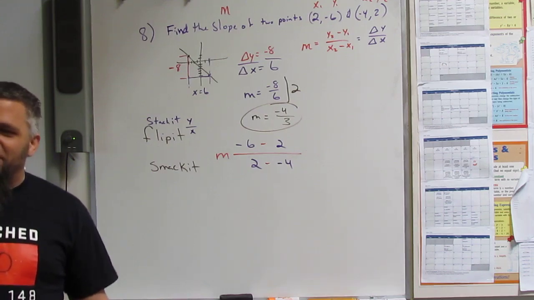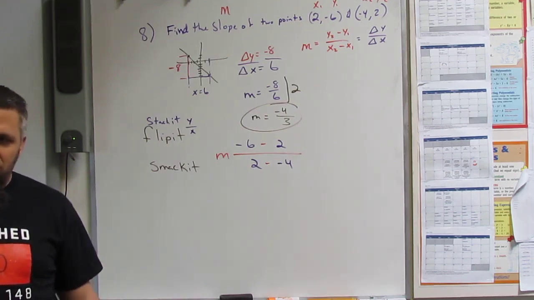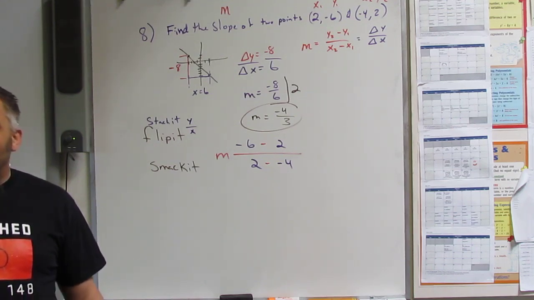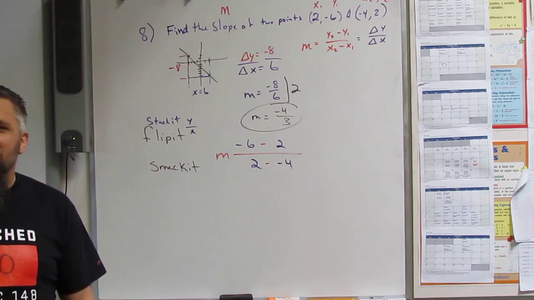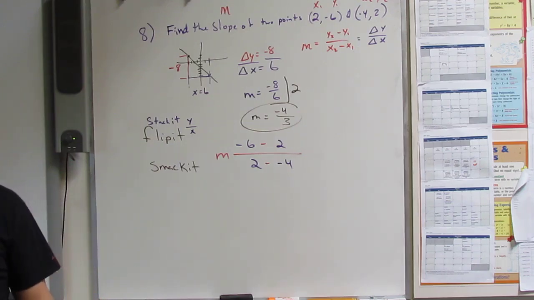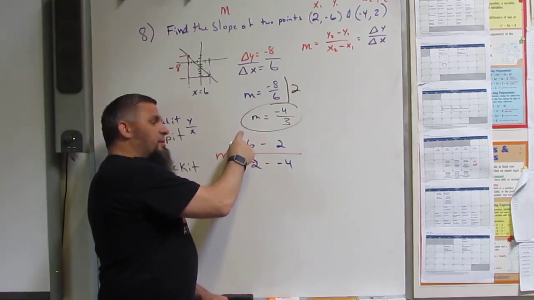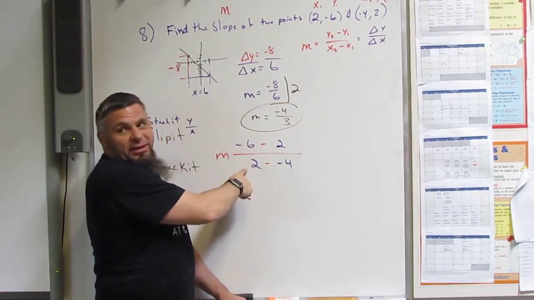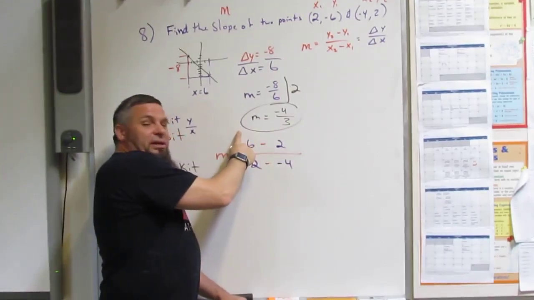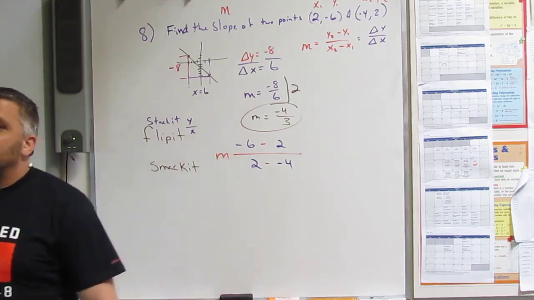But if they have a plus, they always do y sub 1 plus y sub 2. But the funniest thing is, it doesn't matter which way you do it as long as you do it in both the same. What I mean by that is, if you have the y2 here, then you have to have the x2 here. If you have the y1 here, you have to have the x1 here. Does that make sense? Yeah.